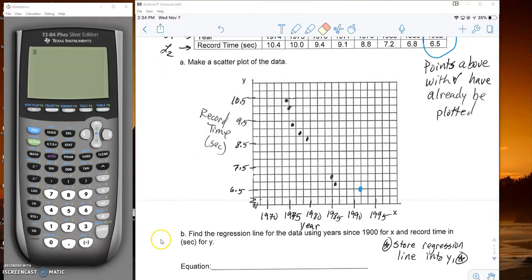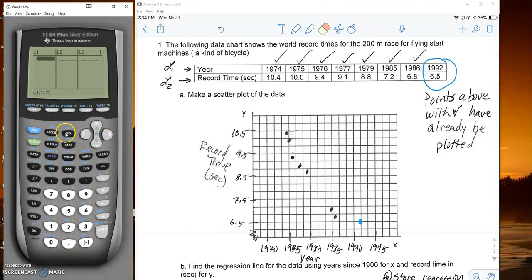Now, part B asks me to find the regression line for the data using years since 1900 for X and record time in seconds for Y. So I'm going to go to Stat Edit. I'm going to clear out anything in my list, and I'm going to put in the years: 1974, 1975, 1976, 77, 79, 85, 86, and 92.